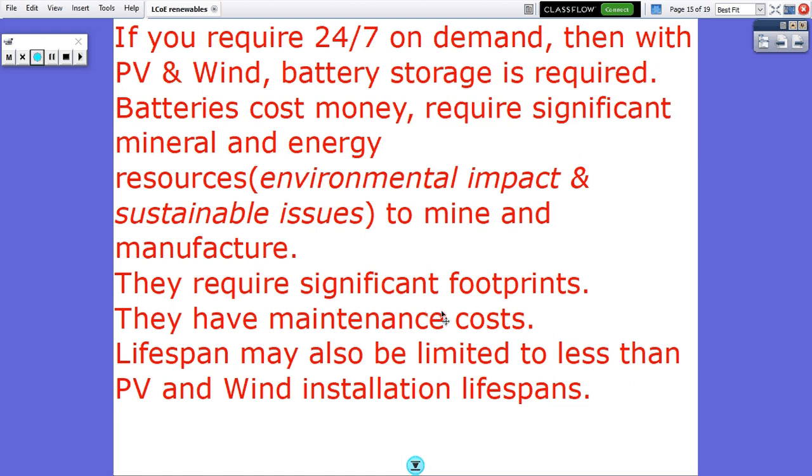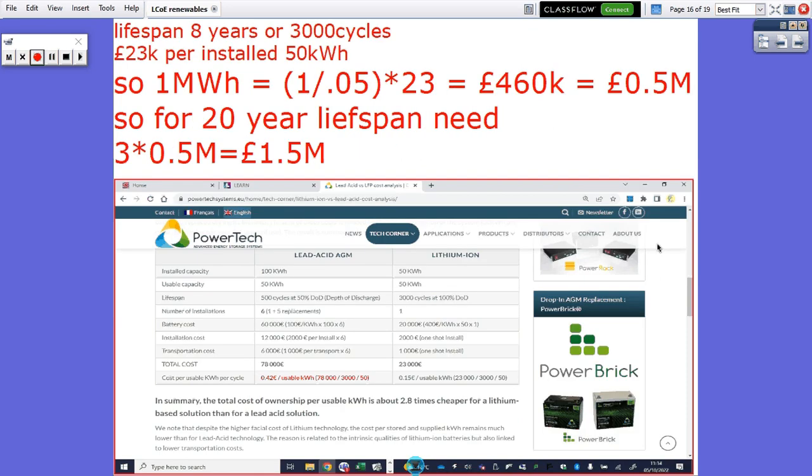They will have maintenance costs, and their lifespan may also be limited to less than the lifespan of the actual installation, which we've got down as 20 years.